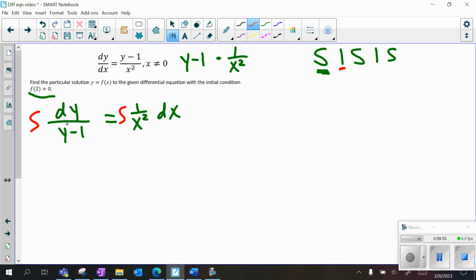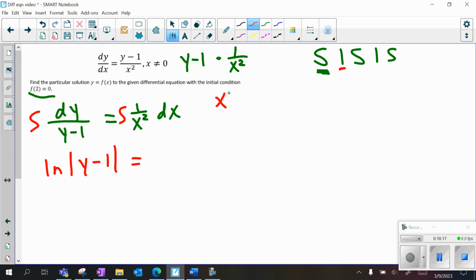Now we can go ahead and integrate. On the left, I have y minus 1 in the denominator, so this is just ln of y minus 1. I don't need a negative on the outside because my y is positive. If I use u substitution, the derivative of y minus 1 would just be 1, so it's good. Equals 1 over x squared.